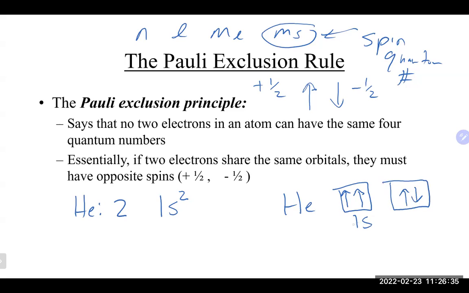When we put the second electron in, it never points in the same direction. We won't go through it, but if you did the 4 quantum numbers for both of those electrons in the box on the left, they would all end up with the same 4 quantum numbers, which violates Pauli's exclusion rule. To get around it, we need to put the second electron pointing in the opposite direction, which means it has an opposite spin as the first electron that's in there.